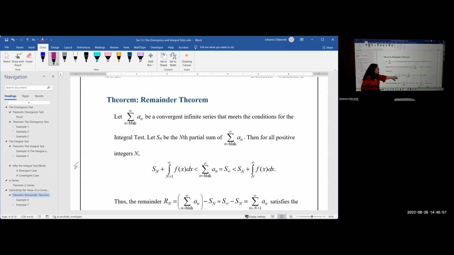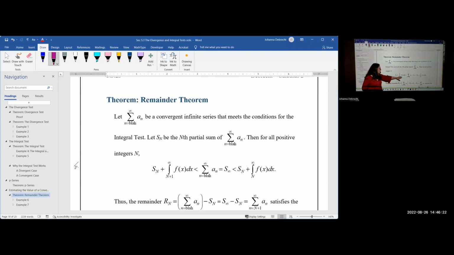Then S sub n plus the integral from n plus 1 to infinity, this is the lower bound on the error, has to be less than the true infinite sum, which has to be less than S sub n, the approximation, plus the upper bound on the remainder. So we have the lower bound on the remainder and the upper bound on the remainder.